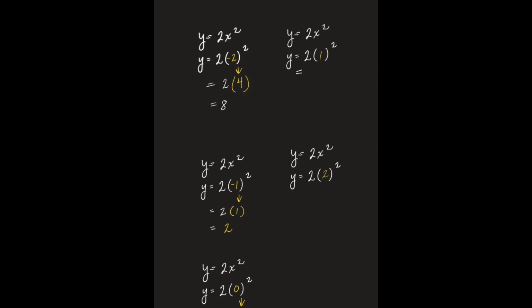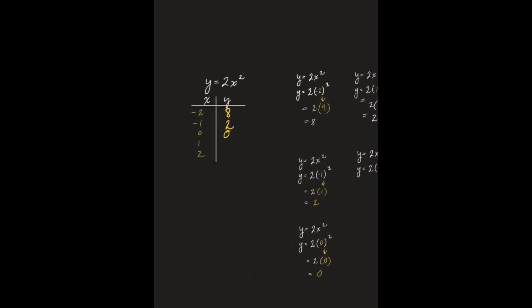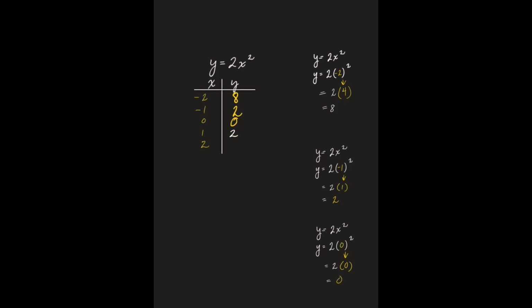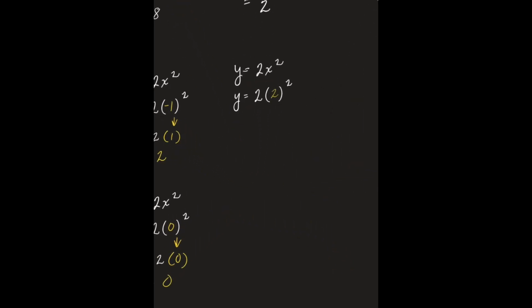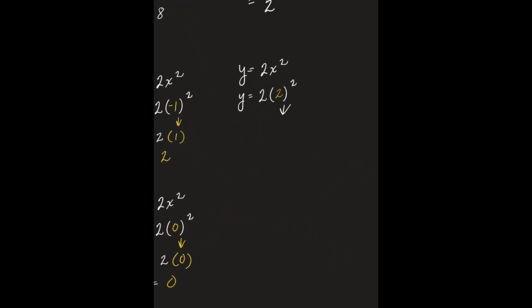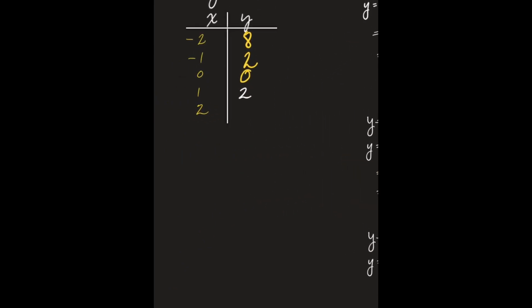Order of operations here, that's 1. Multiply times 2, I have a 2. That allows me to put a 2 right here. Order of operations, 2 to the second power is 4 times 2, and I get an 8. So that allows me to get an 8 here.